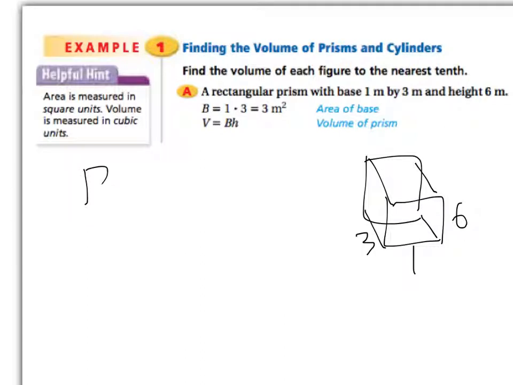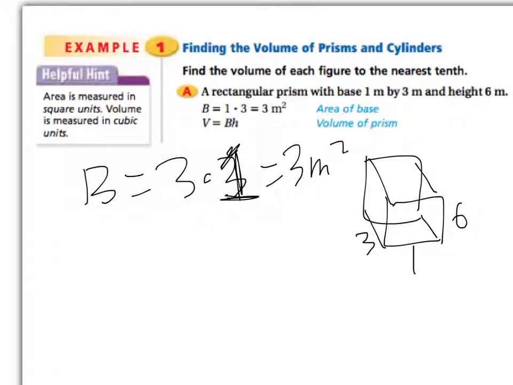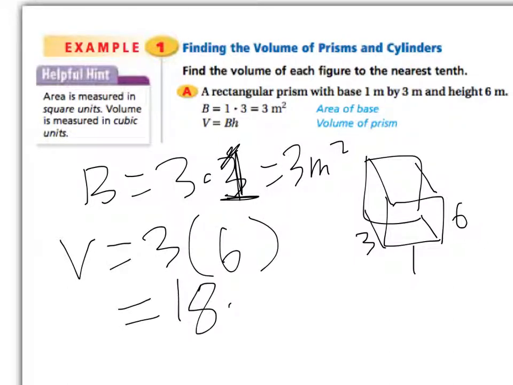So our base is going to be 3 times 1, so that equals 3 meters squared, and then volume equals base times the height, which is 6, so we should get 18 units cubed. Everyone see that?